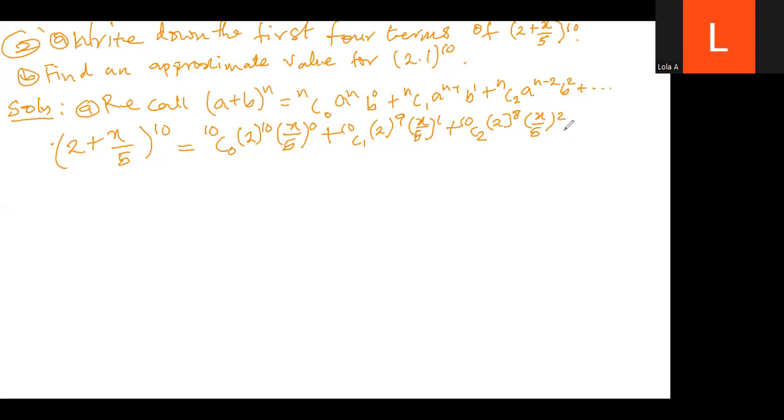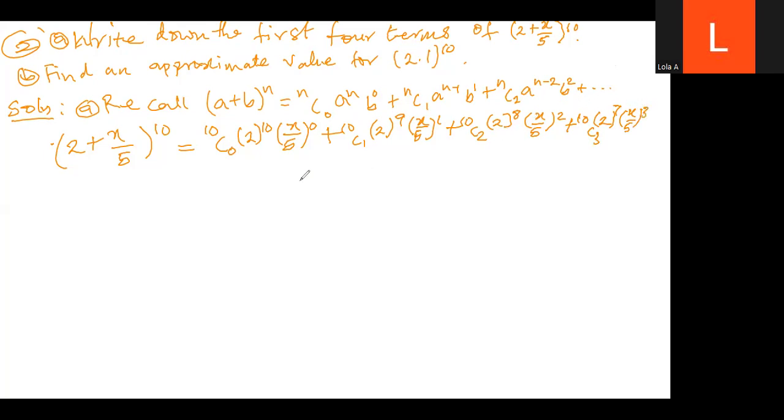And the question says we should do the first 4. So this is the first term, second term, third term. So we have one more, plus 10 combination 3, 2 raised to the power of 7, then x over 5 raised to the power of 3.